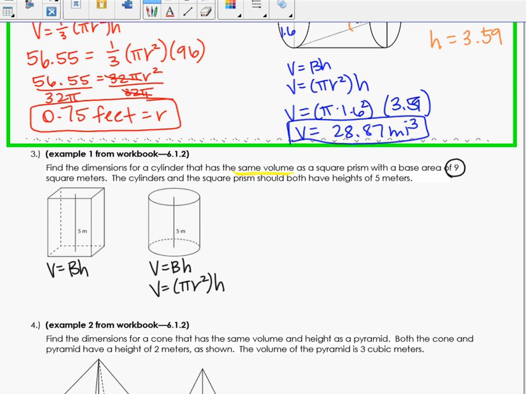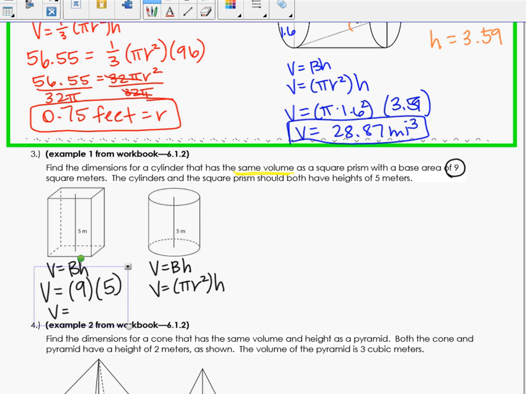They tell you that the area of the base is 9. So we want these to have the same volume. So over here, we don't know what this radius is. So I'm going to start with my prism, because if you look, the only thing you have enough information for to actually find the volume or any other dimension is the prism, because you don't have the volume, but it tells you the area of the base is 9 and that the height is 5.